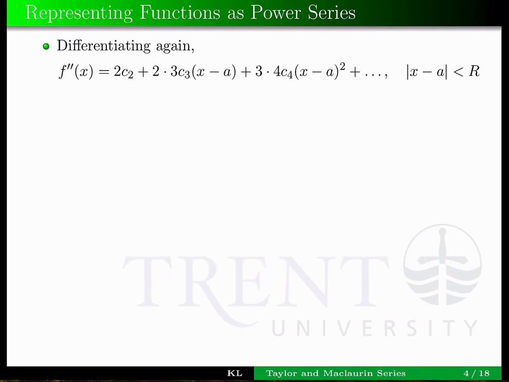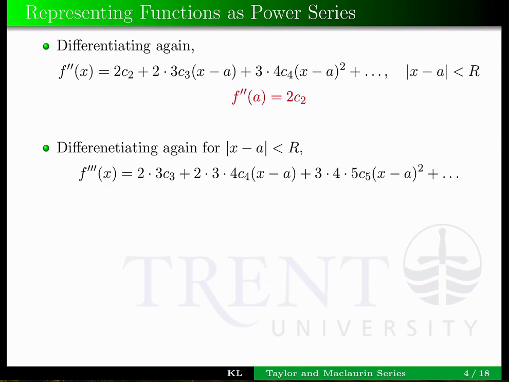Now, we get the derivative again. f double prime of x will be 2c2 plus 2 times 3c3 times (x minus a) plus 3 times 4c4 (x minus a) squared plus so on and so forth. And then if we evaluate this at x equals a again, all of this will disappear because they will become 0. And therefore, f double prime of a is equal to 2c2.